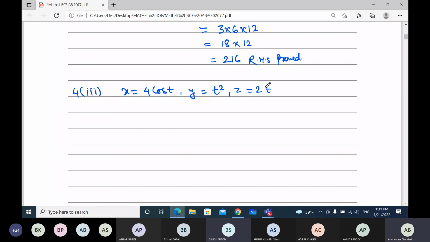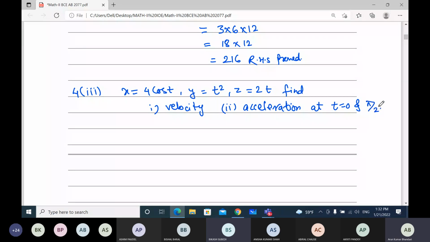Find the velocity, first, and the acceleration, second, at t is equal to 0 and pi by 2.